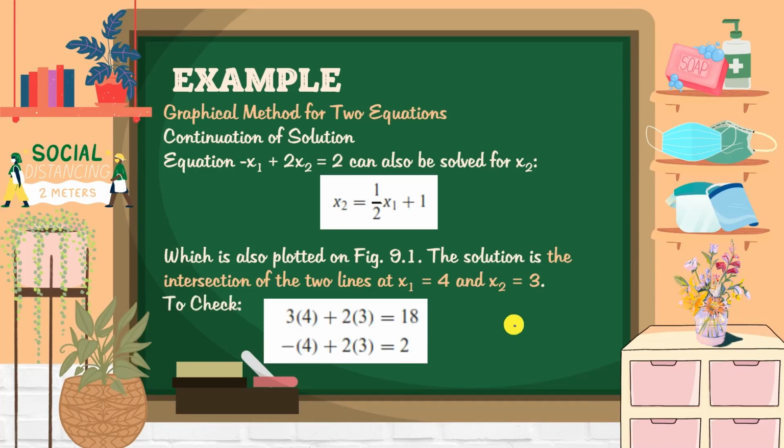So this is simply from the equations 3x sub 1 plus 2x sub 2 equals 18, and negative x sub 1 plus 2x sub 2 equals 2. Substituting the values of 4 and 3 into both equations, it should yield the results of 18 and 2.